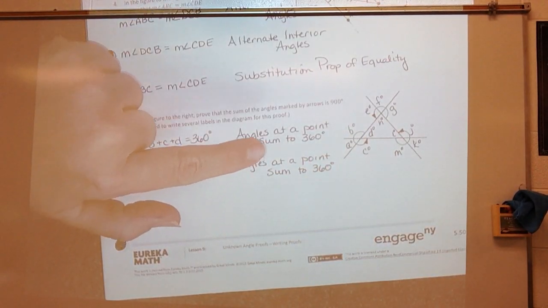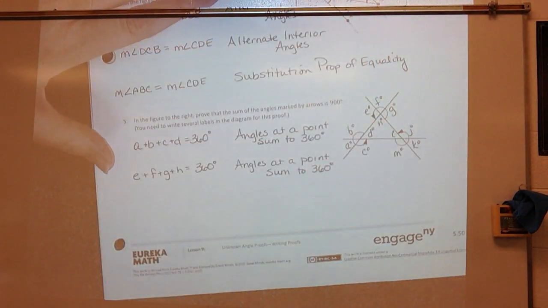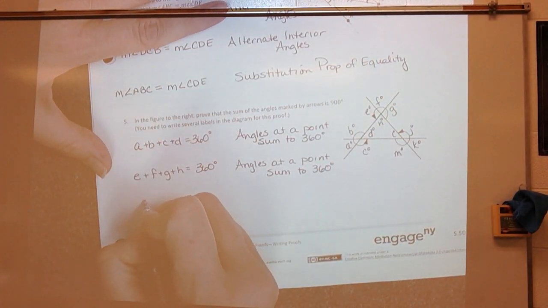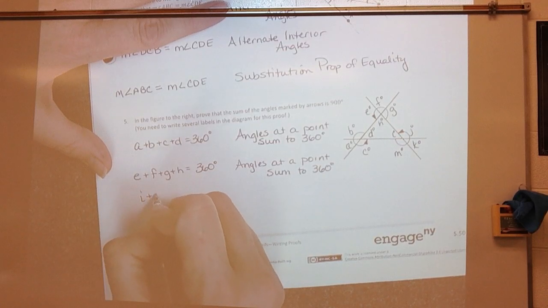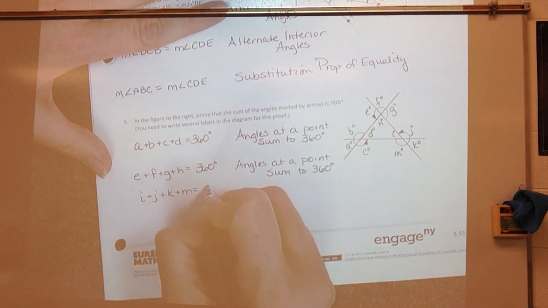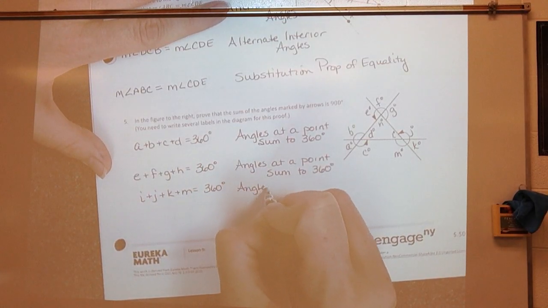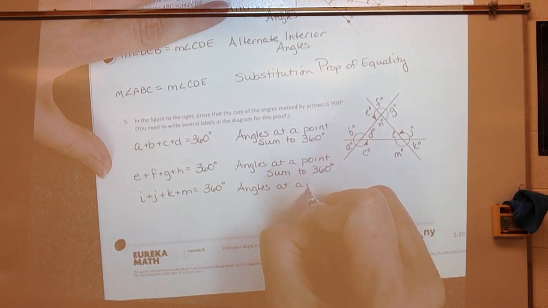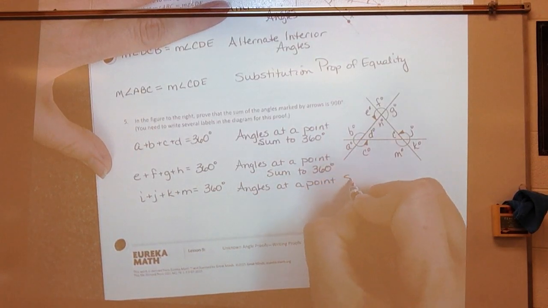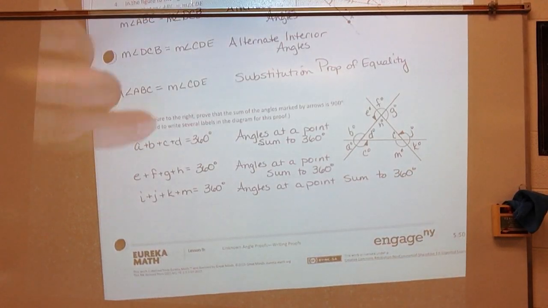Because I know that about these points and these points, then I know that about this point. Because that arrow tells me. So I plus J plus K plus M is 360 degrees. Angles at a point sum to 360 degrees. Okay?